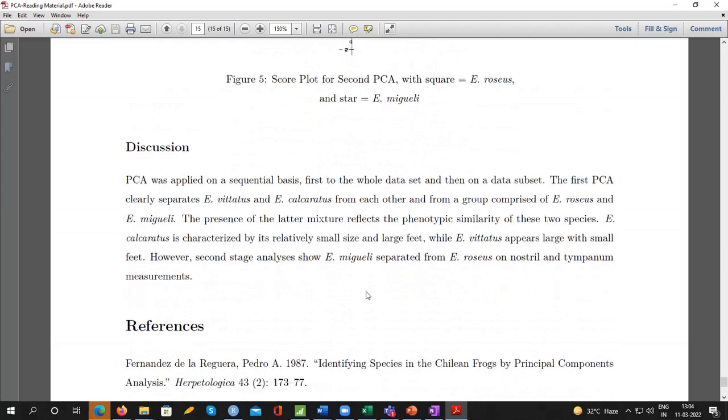So among the slim, short-footed frogs, if you want to distinguish further, you have to go for facial measurements, and a broad face would indicate E. migueli species, and a comparatively slimmer face would indicate E. rosea species.